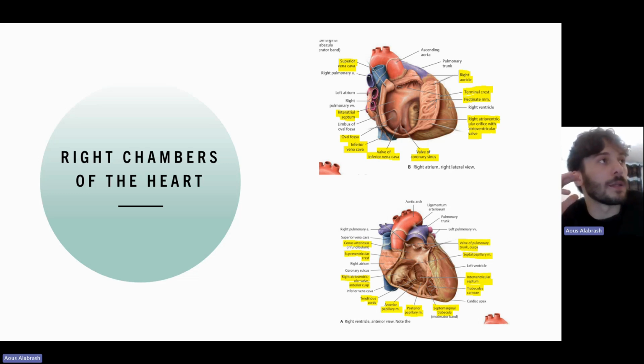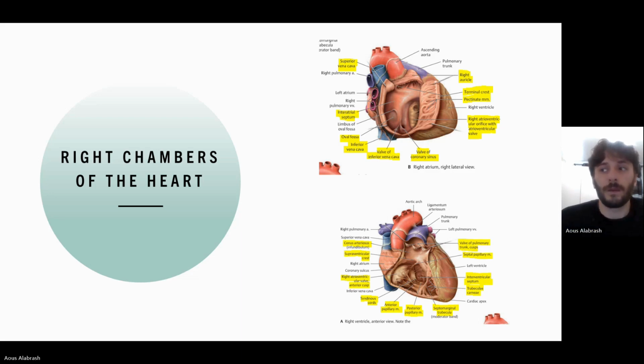Because in the fetal or prenatal circulation, which is part of this question and which I'll be coming to later on, it was known as the oval foramen, not the oval fossa, because it was an opening. I'll go into more detail when I talk about the prenatal circulation. For now, all you need to know is that the oval fossa is found in the interatrial septum, and before being the oval fossa, it was the oval foramen. You'll understand its significance once I talk about the prenatal circulation, in two slides or so.